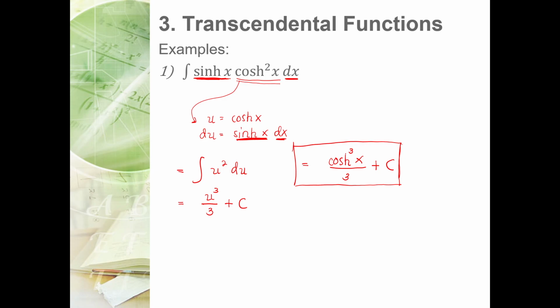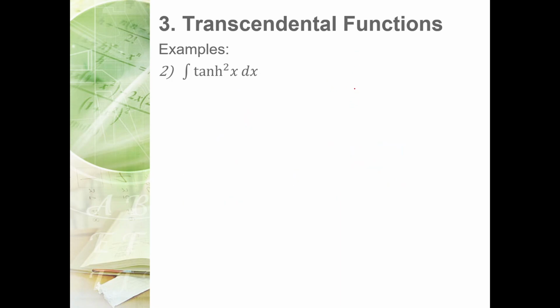But again, that's just the informal way of reading the hyperbolic functions. The proper way is to say hyperbolic first, then the corresponding trigonometric function: hyperbolic sine, hyperbolic cosine. I think you don't have any questions for number 1 because it's just the basic concept of u sub. So let's proceed to the next one.